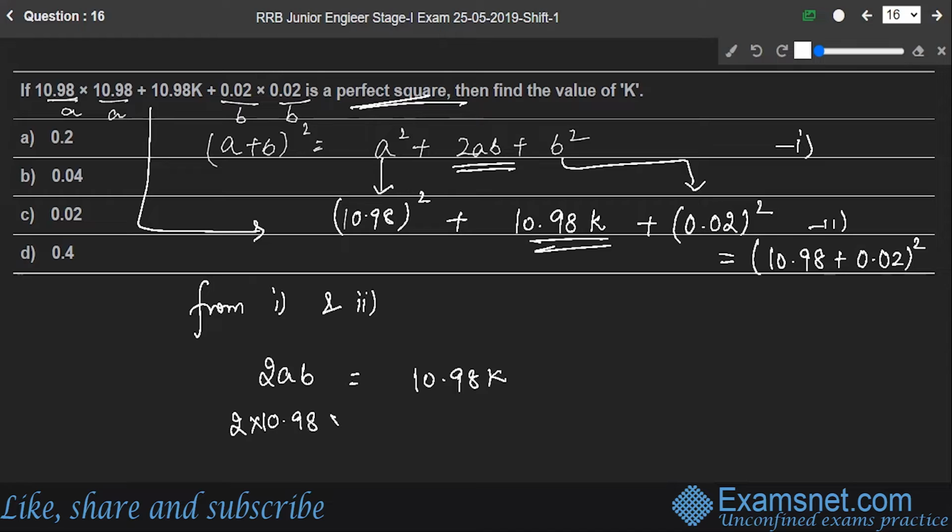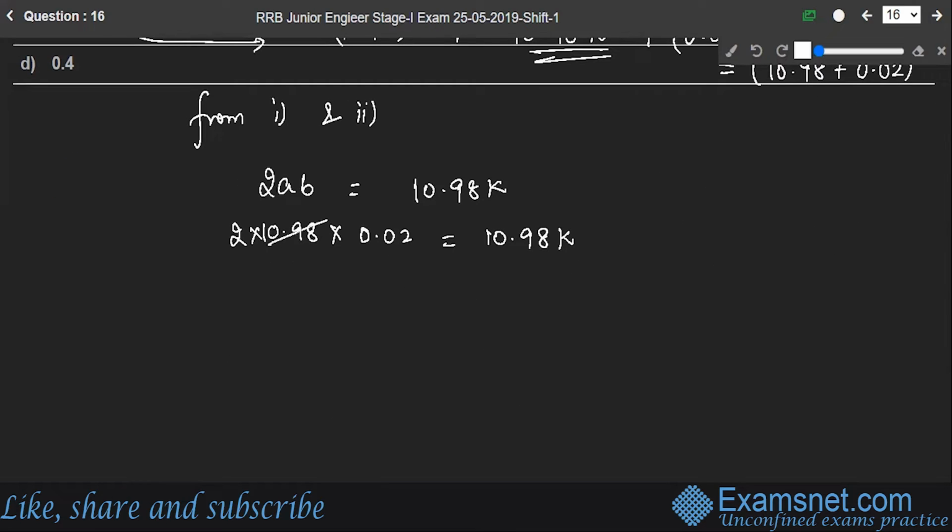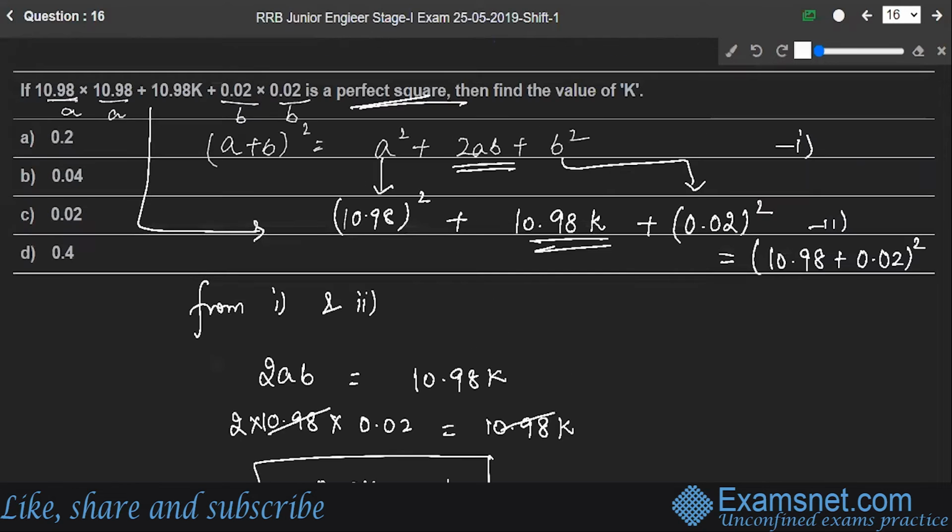Was 10.98 and B was 0.02. This is equal to this. And this will cancel. So you have 0.04 is equal to K. That is the value of K. And here you have option B as the right answer to the question. Hope you understood that. Let's move to the next one.